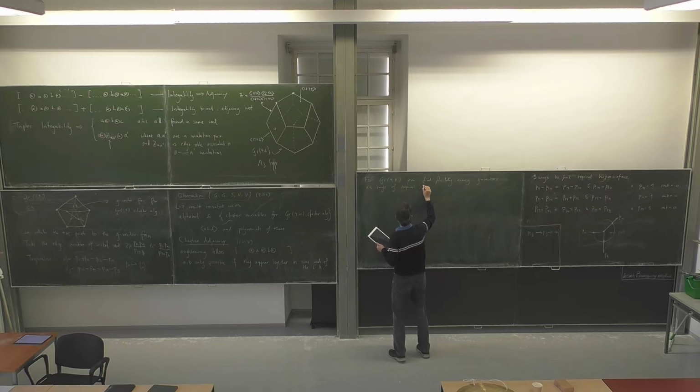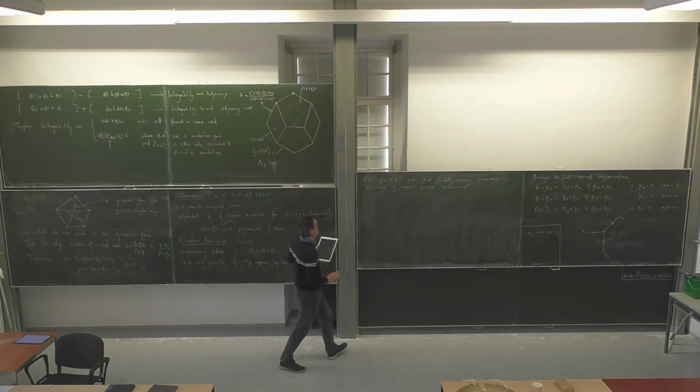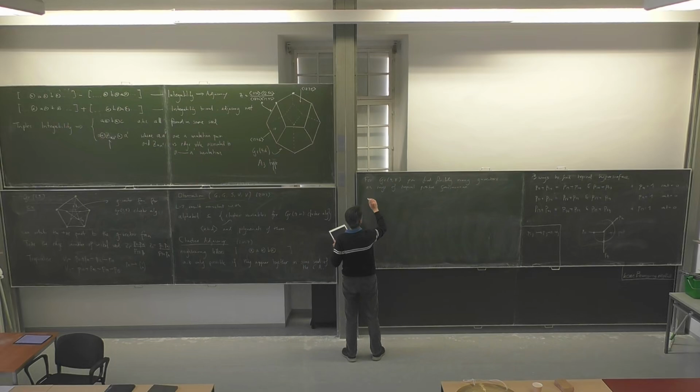Tropical positive part of the Grassmannian. But you don't only find G vectors, you also find some other rays.